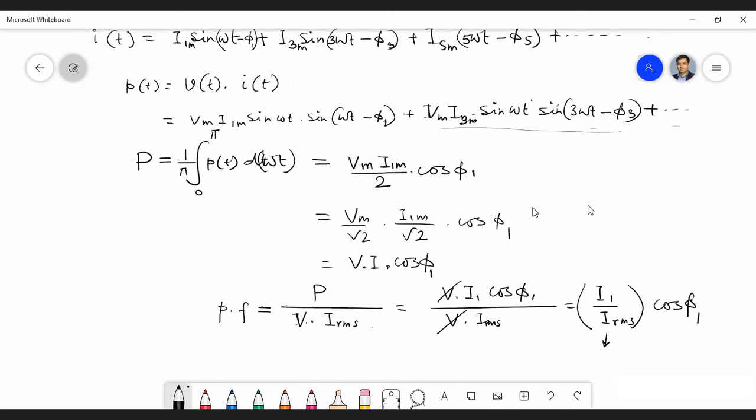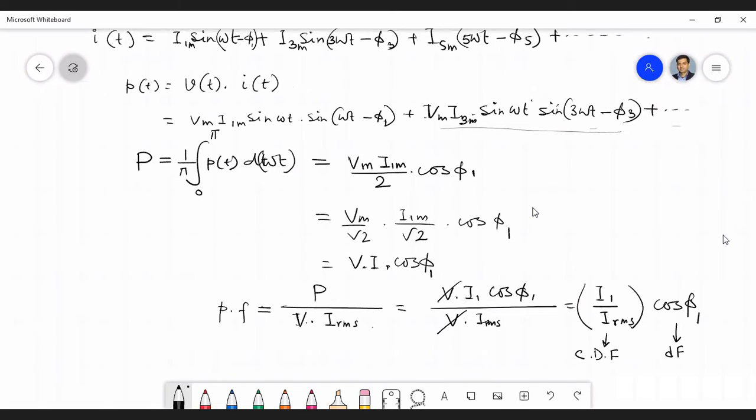So this power factor can now be derived like this, and it is the product of two terms. One is called the current distortion factor, CDF. Another is called the displacement factor, DF.